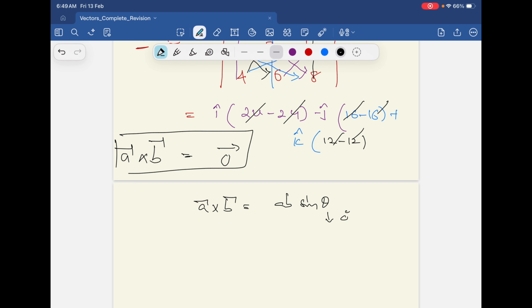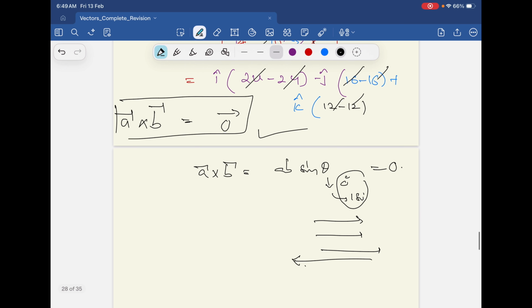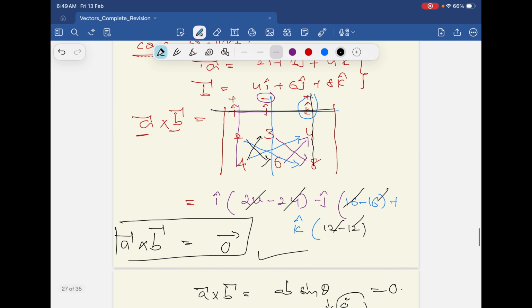For theta 0 or 180, in both cases the result becomes 0. That means they may be parallel vectors or anti-parallel vectors; cross product always becomes 0. So the conclusion: when vectors are parallel or anti-parallel, cross product becomes 0. When vectors are perpendicular, dot product becomes 0. This is what you have to remember.